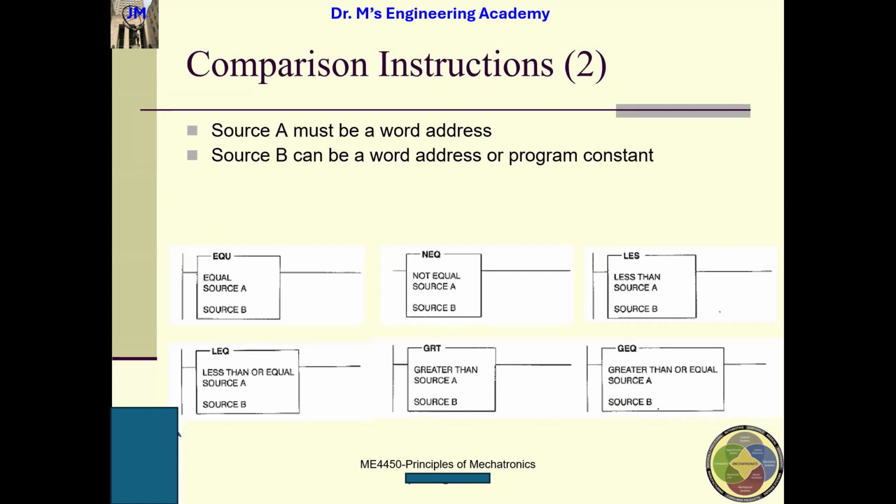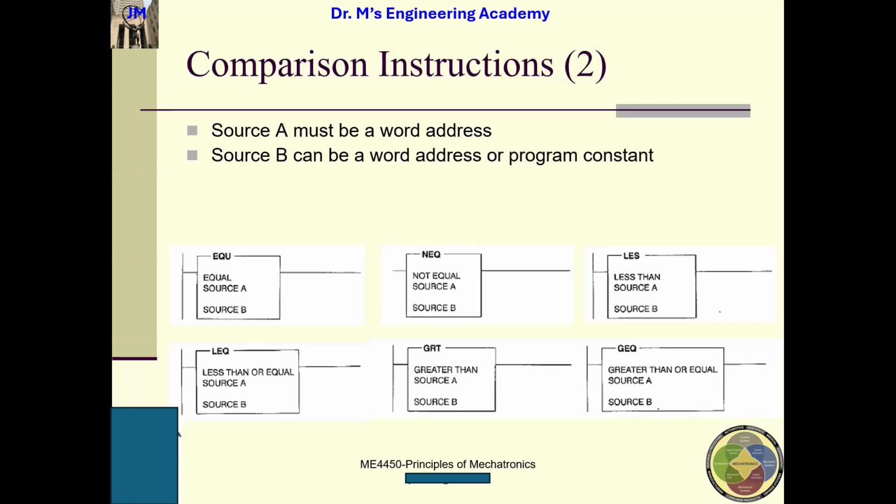It can be a word address, which means I'm going to compare the content of address A with the content of address B. But source B can also just be a constant value. This convention is valid for all these instructions.